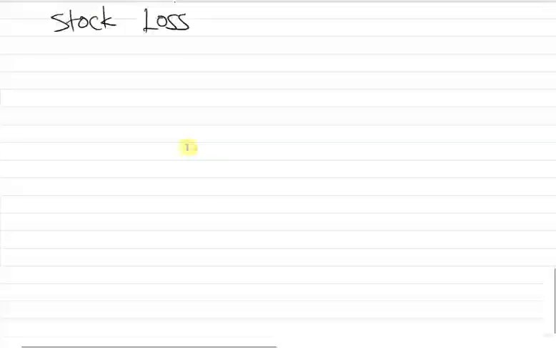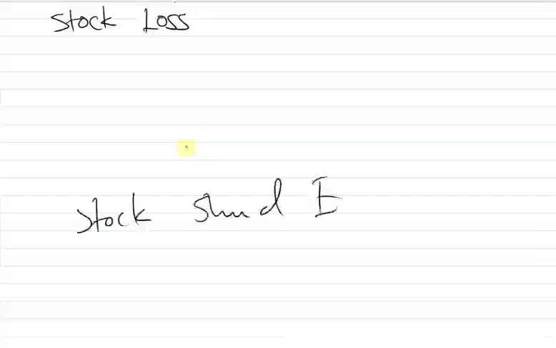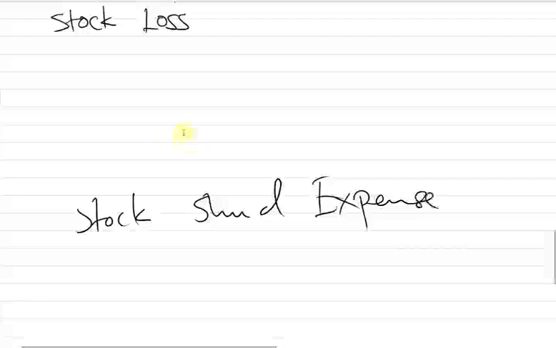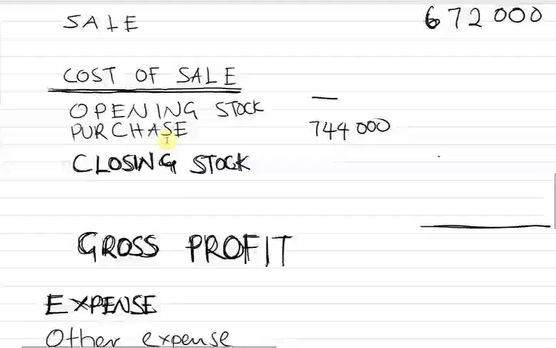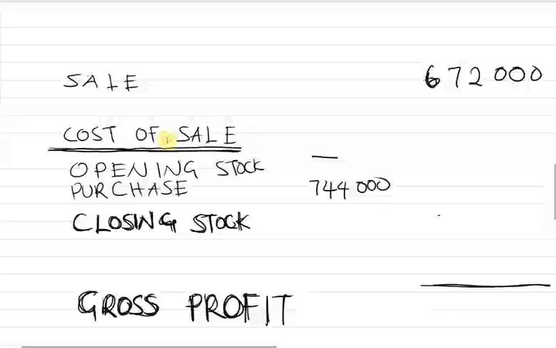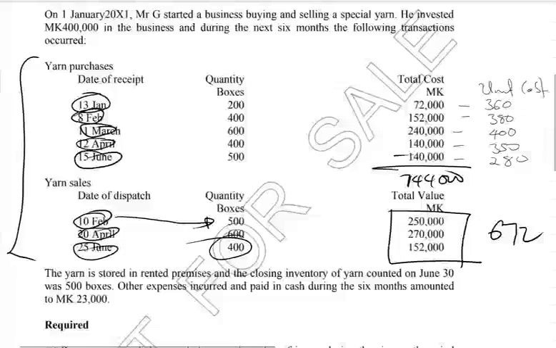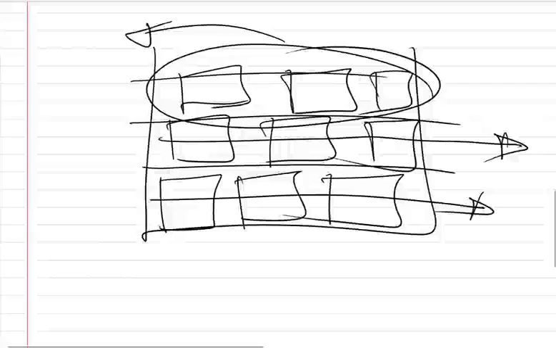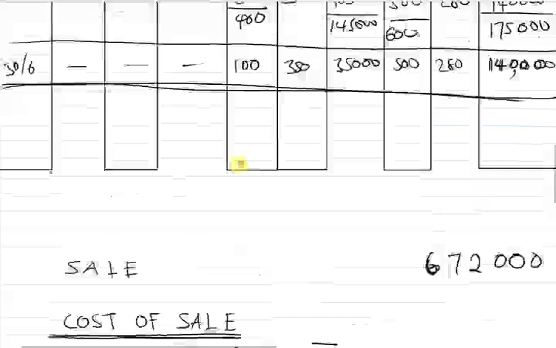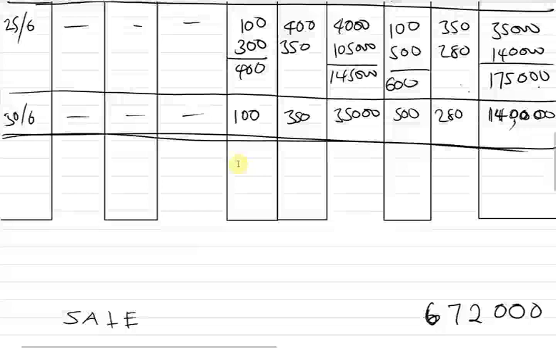Any stock loss should be treated as an expense, or should be expensed, rather than forming part of cost of production. It should not form cost of production. So instead of us putting 140 here, right, we should put the closing inventory that was supposed to be there before the stock loss. It was supposed to be 175.